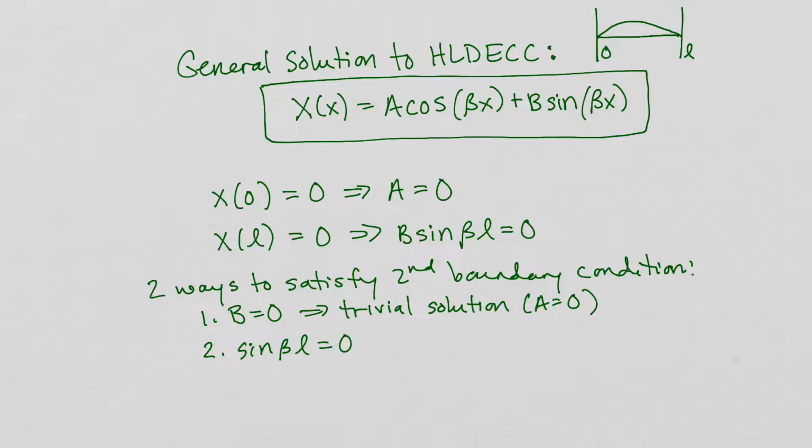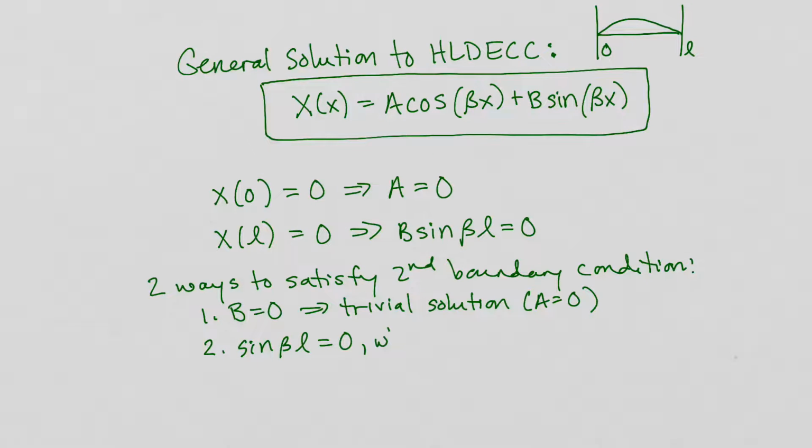In order to satisfy that, we know that that beta L term has to be equal to some integer number times pi, so n equals 1, 2, 3, and so on. If that is not jumping out at you, just go review your sine functions. You can plot those and see that your sine of integer numbers of pi should come out to 0.